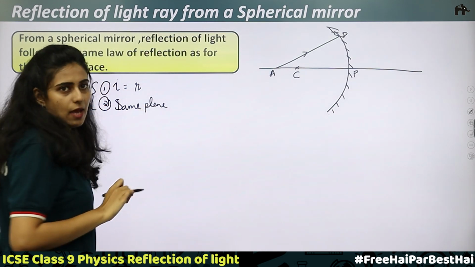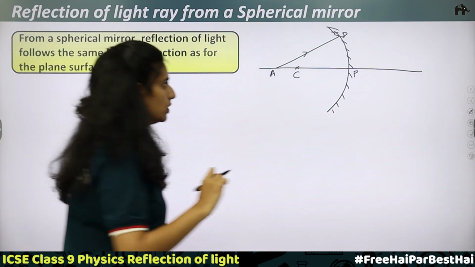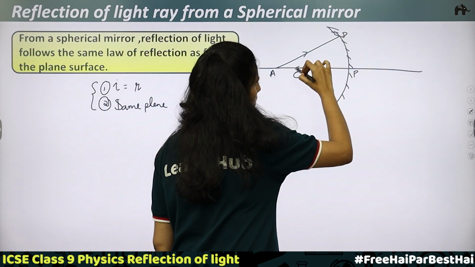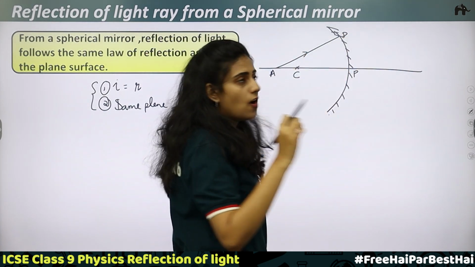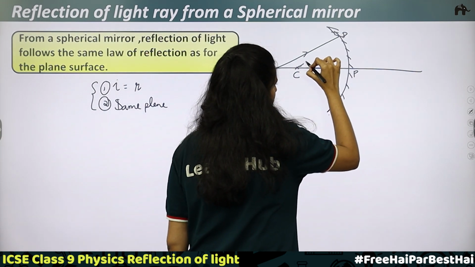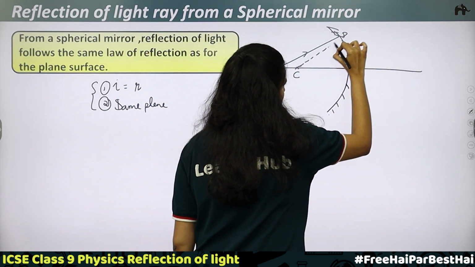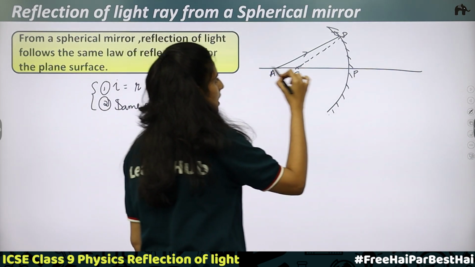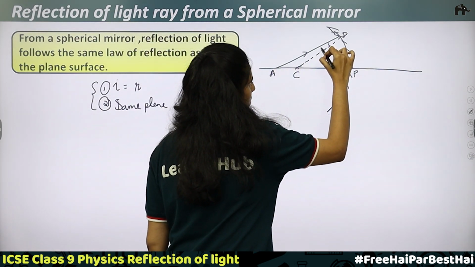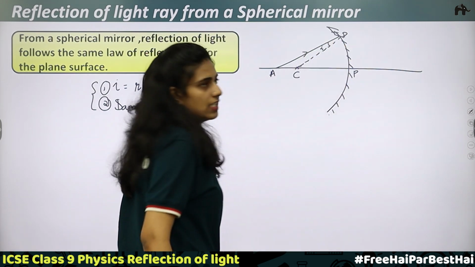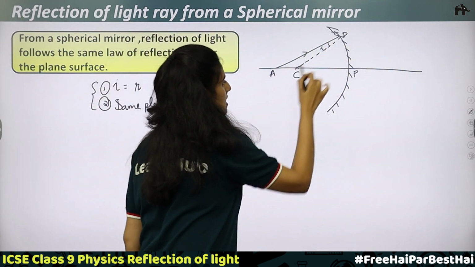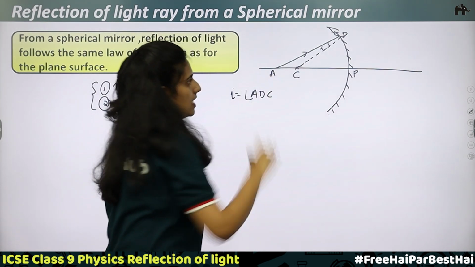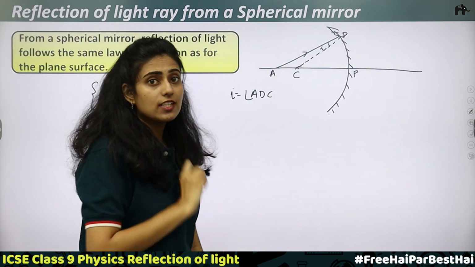To get that, a line is drawn from D passing through C, the center of curvature, joining it with the point of incidence. This is the normal. Now we can measure the angle, which is the angle of incidence. So ADC is the angle of incidence.